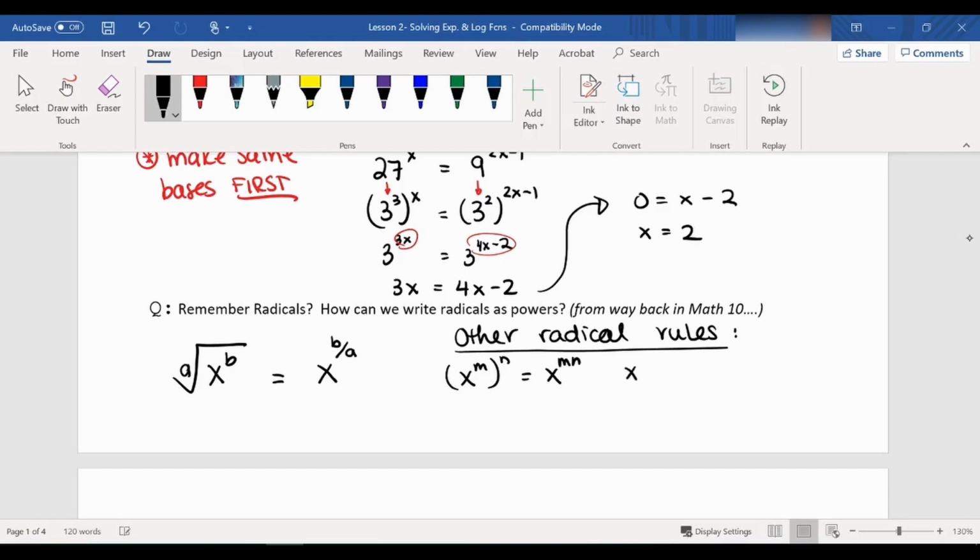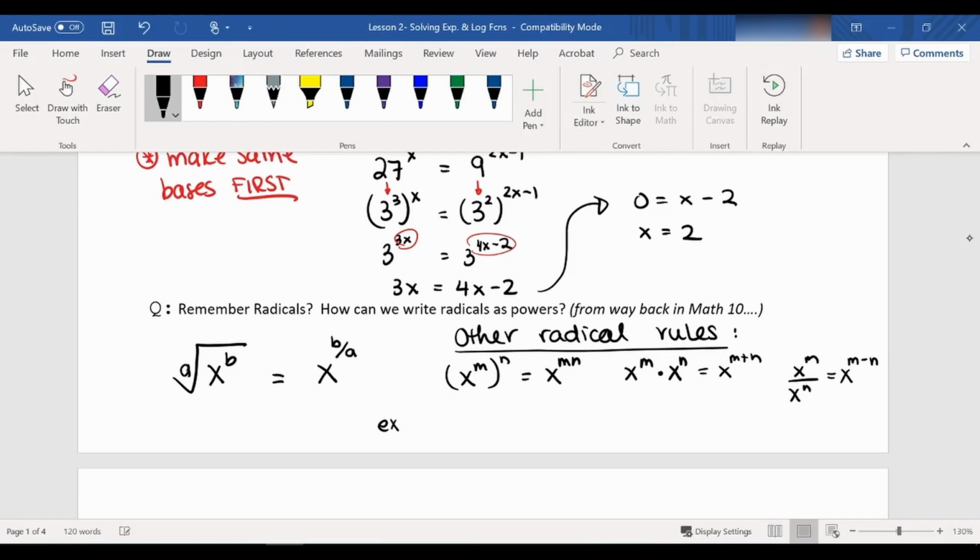If we have two powers that are multiplying with each other, we can add the exponents. And if we had two powers dividing by each other, we could subtract the exponents.